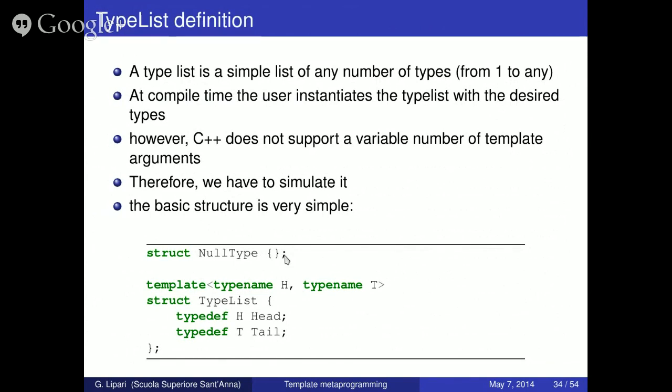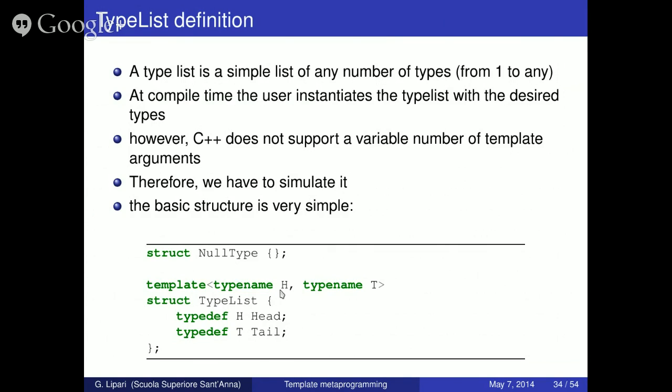Again, its size is 1 character, and we are not going to instantiate it because we don't really need variables of type NullType. However, NullType is used because the compiler needs to make type comparison. So we define an empty type that we call NullType, which will act as a terminator for the list of types. And then a type list is something like this.